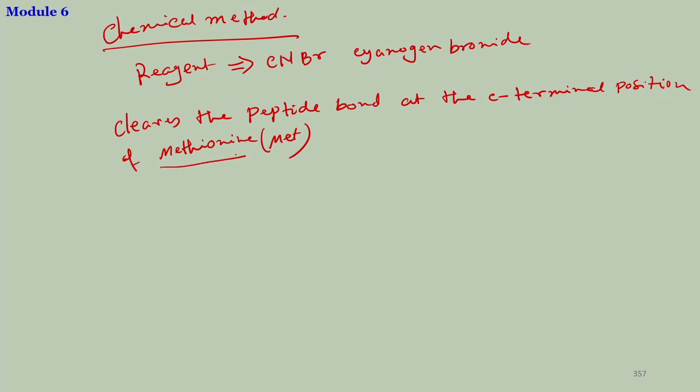So, CNBr cleaves all the peptide bonds wherever there is a methionine. How does it work? If you have, so this is the N terminal, there can be other peptide sequence.